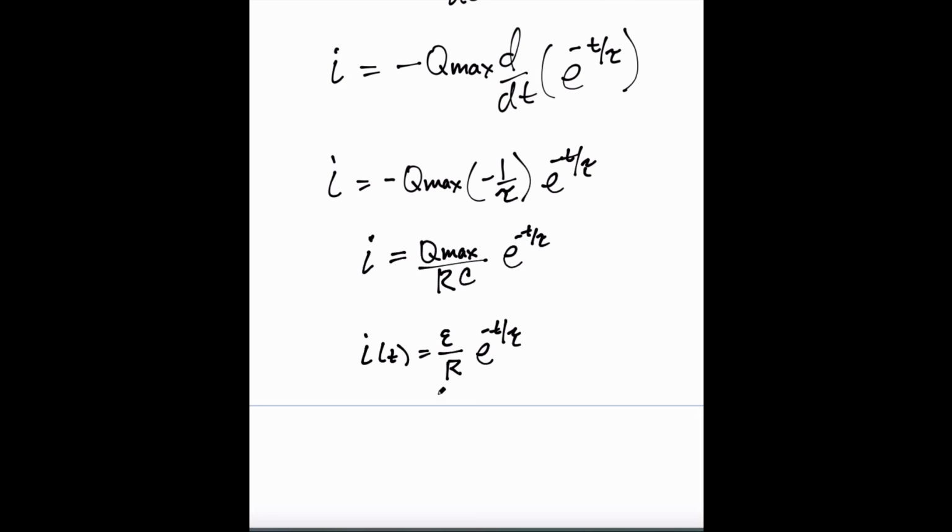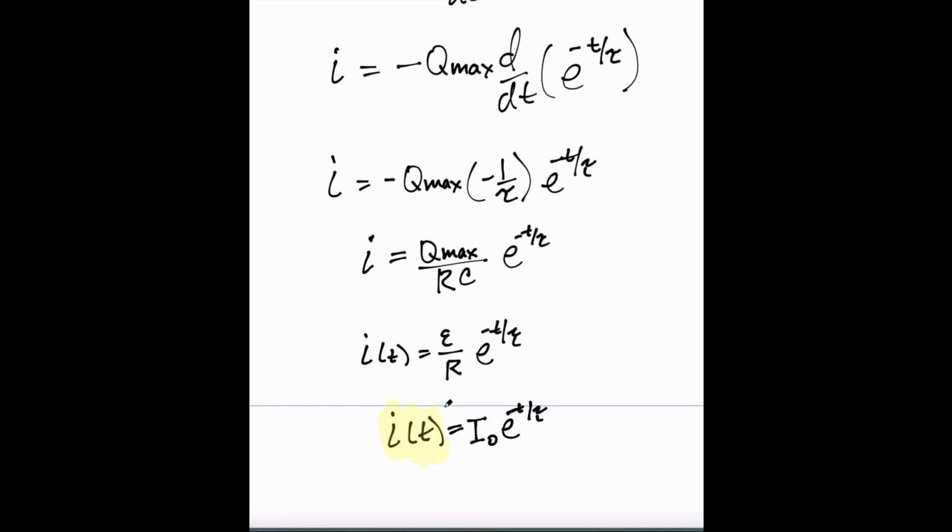And I also will remind you that E over R, when the switch was first thrown and there's no charge at all, that's I sub 0. So I as a function of time is the initial current, I naught, times e to the negative t over tau.